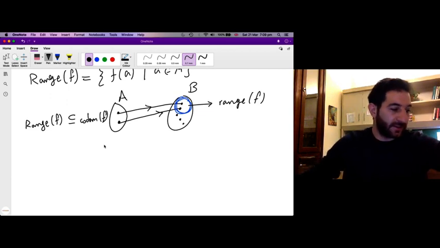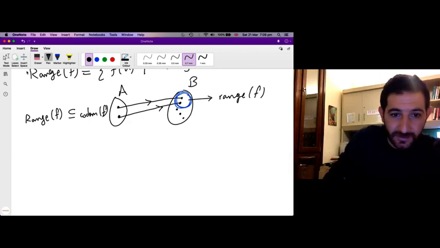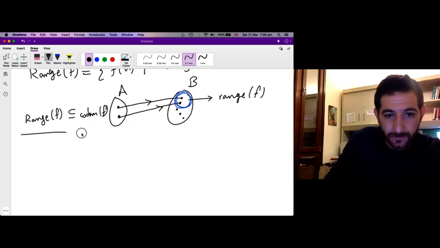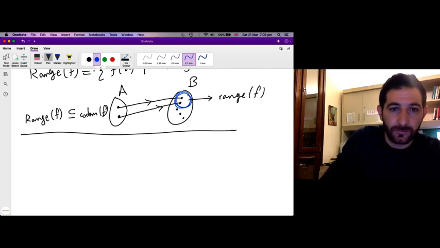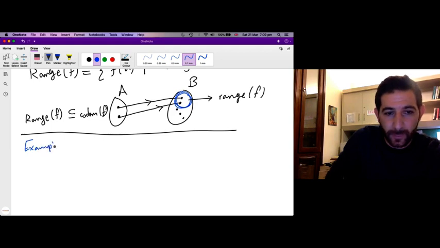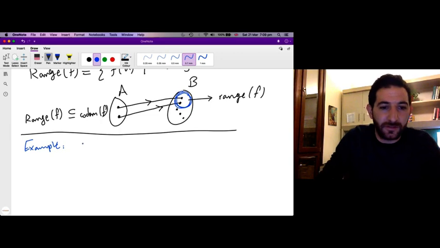Now let's have some examples. So let's have the first example. Maybe I can use blue now. Let's be given two sets.